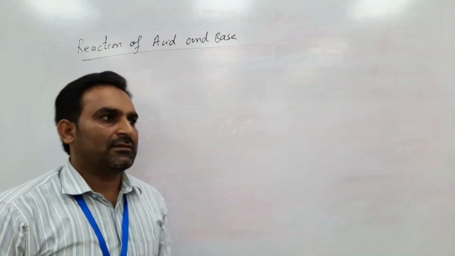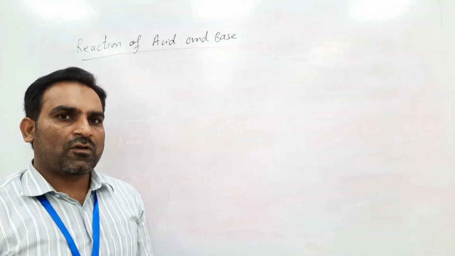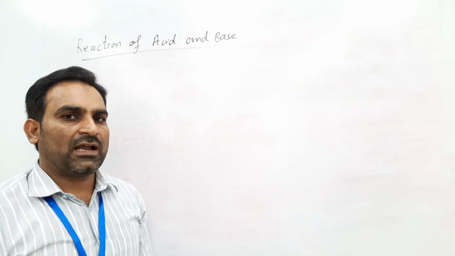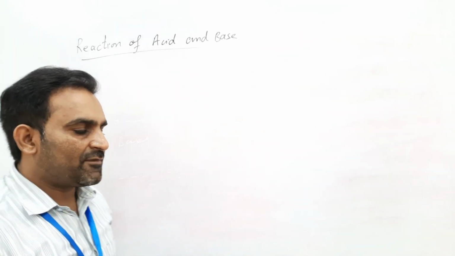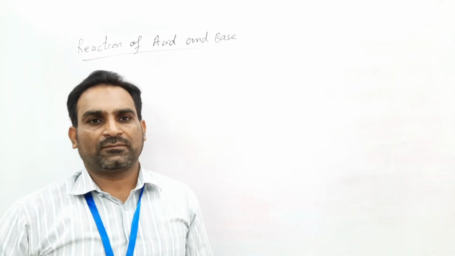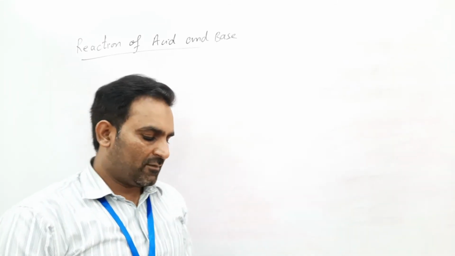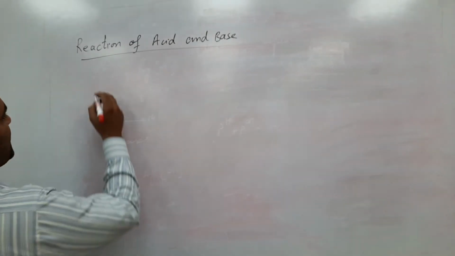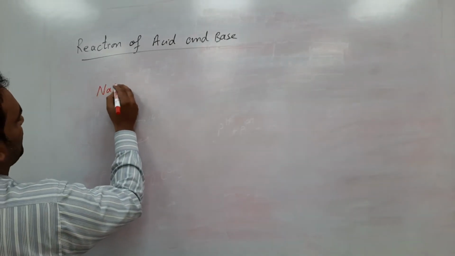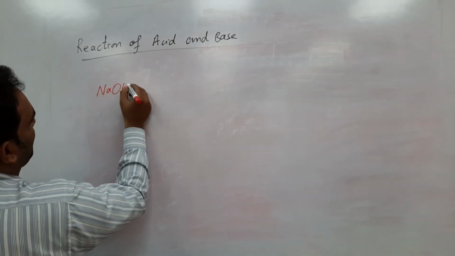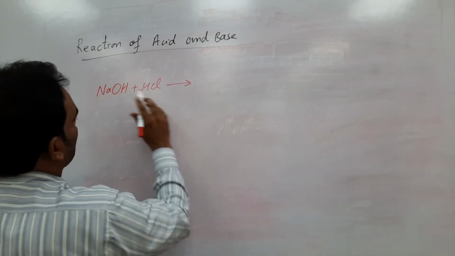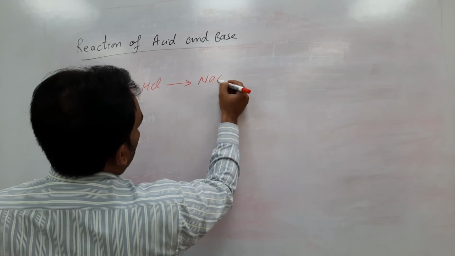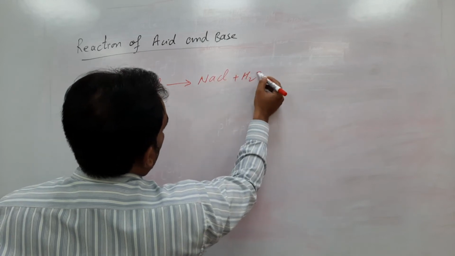Whenever you have an acid and you study the reaction of that acid with any base, it will give you a salt. If you have a strong base, sodium hydroxide, and acid HCl, they will react to give you sodium chloride and water.